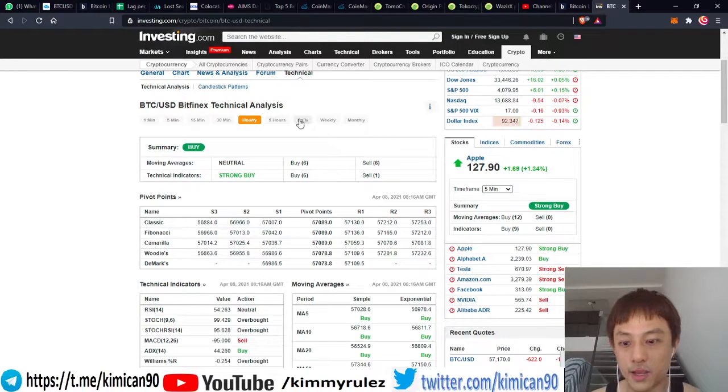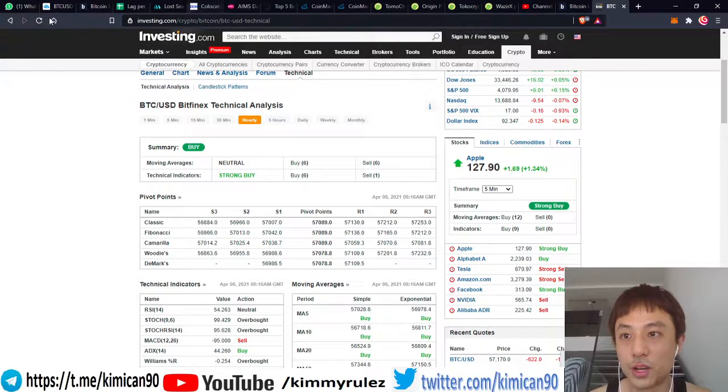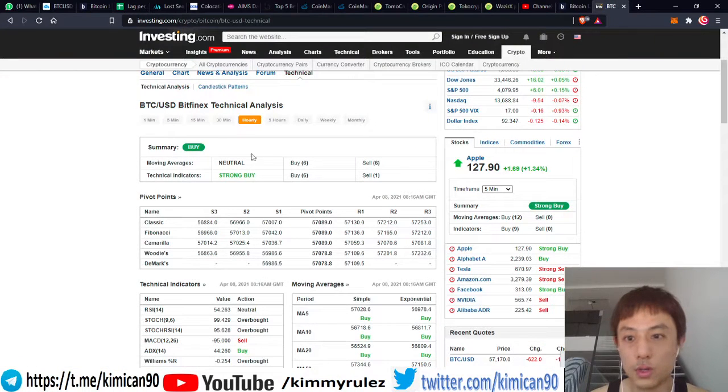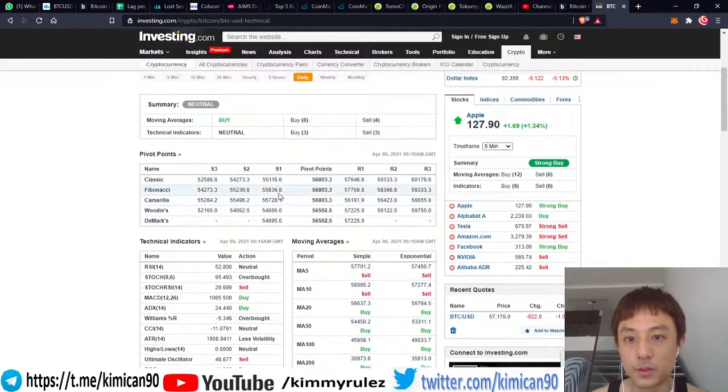And make sure that if your chart in TradingView is on a daily basis, your technical analysis here should be selected as daily, so that you can pivot your chart and resistance lines. There are many types of pivot points being used.